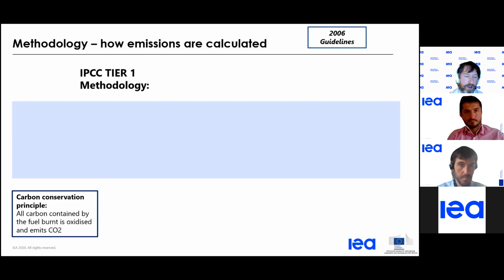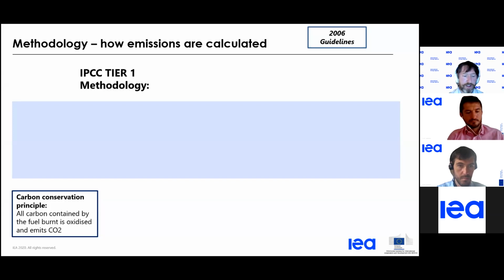However, in tier 2 or tier 3, you could have country-specific or technology-specific emission factors. And they can produce a more accurate emissions estimate, but you need additional information on how the fuel is combusted or the technologies in a specific country, etc. So the second and third tiers are more accurate, but they require more information.